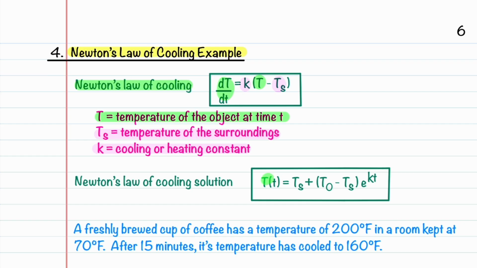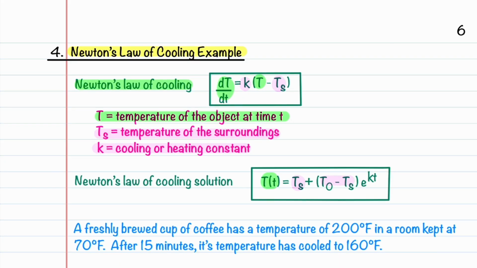The temperature of the object is then equal to the temperature of the surroundings plus the difference between the initial temperature of the object and the surroundings times e to the kt.